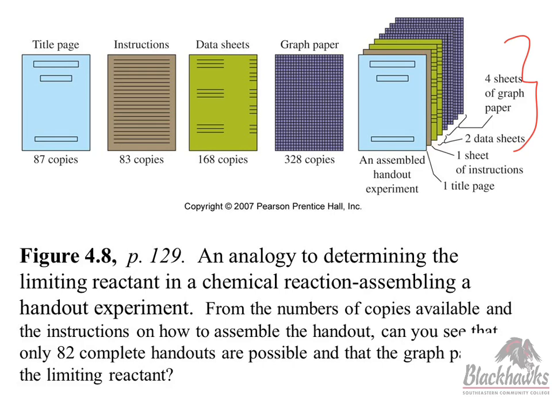And then kind of like these are reactants, okay? So you're going to assemble these things to make your packets. And what you would find out is that the one you're going to run out of first actually is the, see that graph paper is the limiting reactant or ingredient.